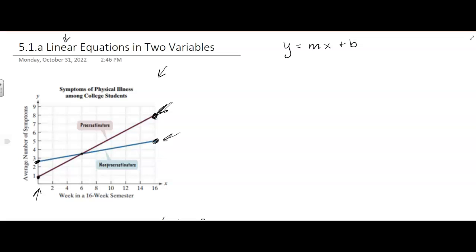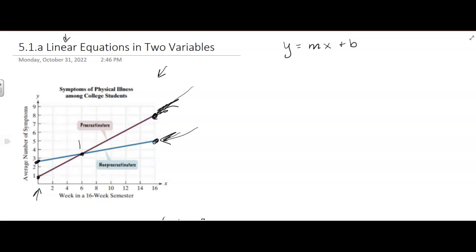Okay. So these are both linear equations, and there's two of them. This line for non-procrastinators has a slope and a y-intercept. This line has a different slope and a different y-intercept for the procrastinators. So we have two lines that we're talking about. It turns out in this example that the two lines actually cross right there.